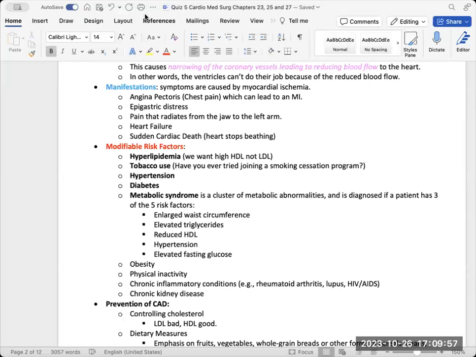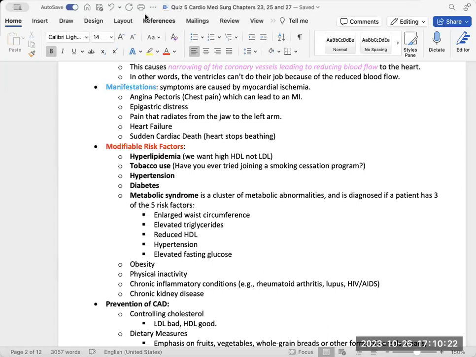So, a common symptom that you get is chest pain. Chest pain and pain that radiates from the jaw down to the left arm are very common signs of a myocardial infarction, which is something, as I said, coronary arteriosclerosis can cause.